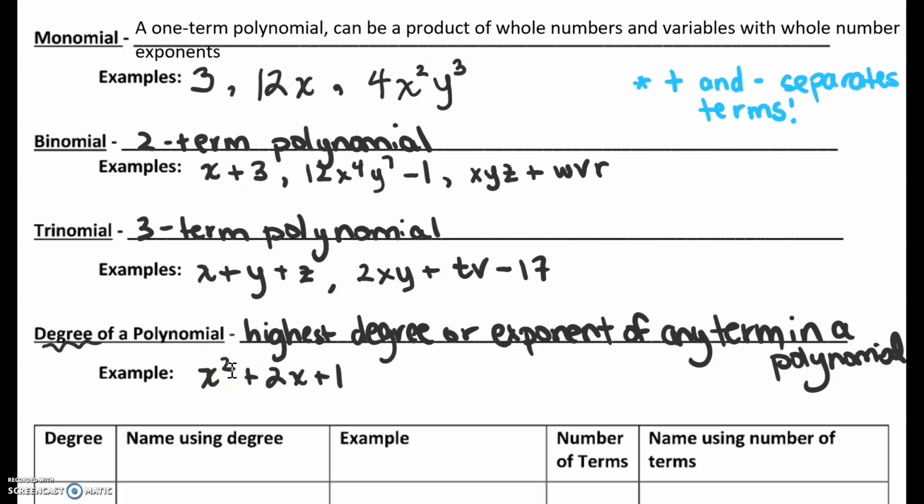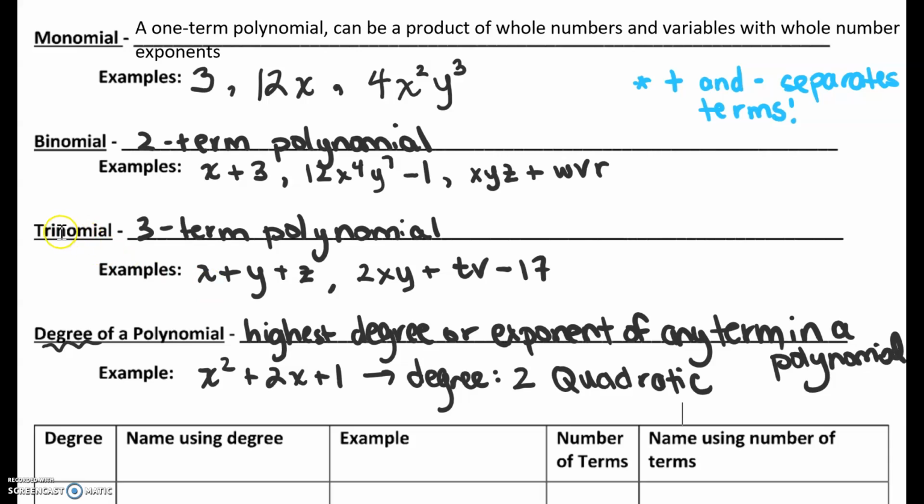So the degree here would be 2. And we learned recently that when we have x squared, that is called quadratic.